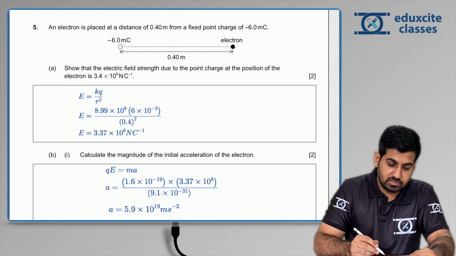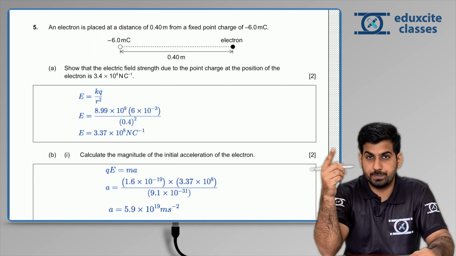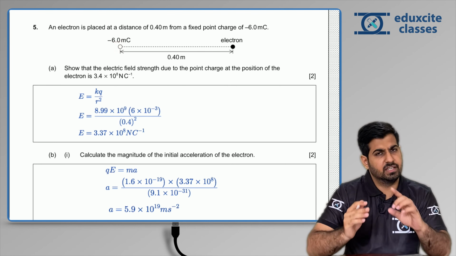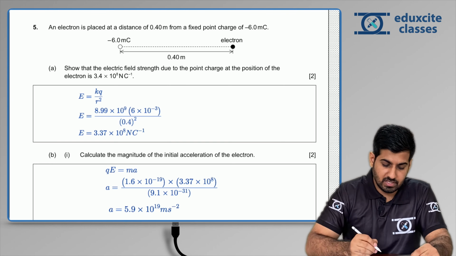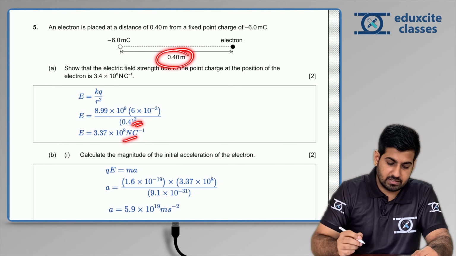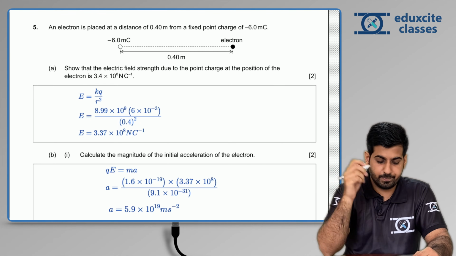Q is the charge of the point charge, so we use the magnitude only, 6 millicoulomb, and the distance is 0.4, so you will get 3.37 into 10 raised to power 8 Newton per coulomb.